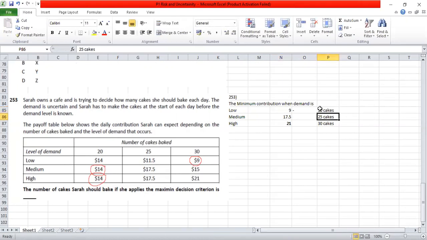Finally, the decision criterion is about the number of cakes. This is 14. 14 happens at 20 cakes.